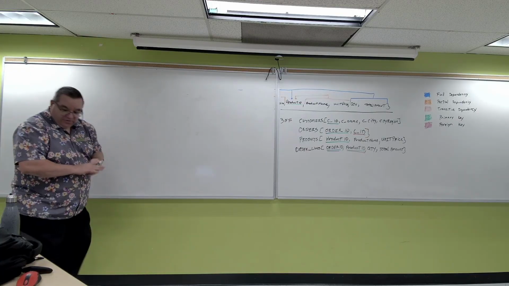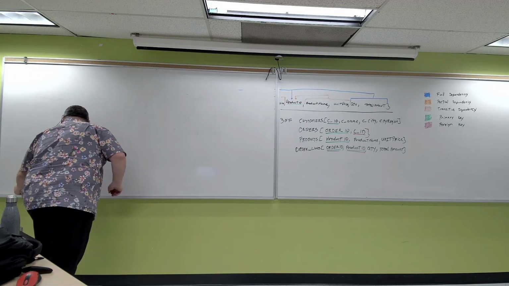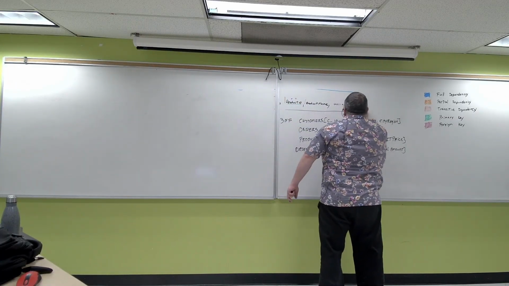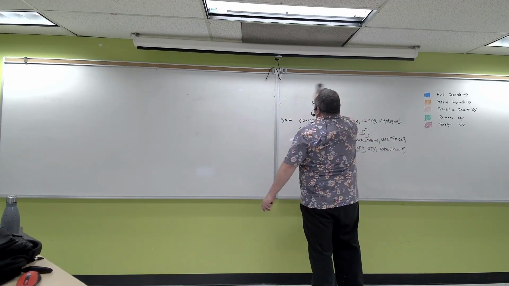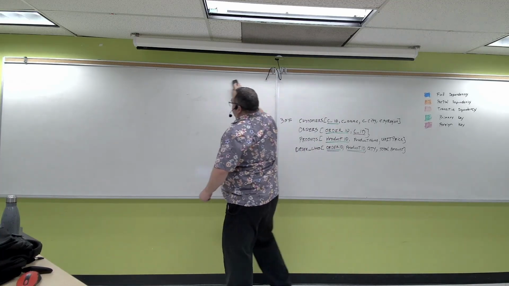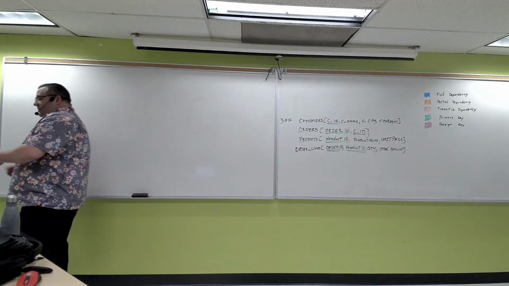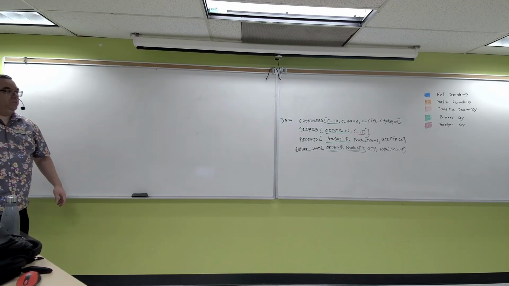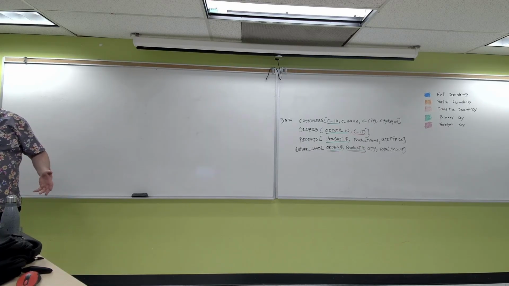Okay. Oh, shoot. Let me just erase what's not important. Just keep it nice and clean. There we go. All right. So now we're going to take what we normalized and turn it into a conceptual diagram. So we have four entities.